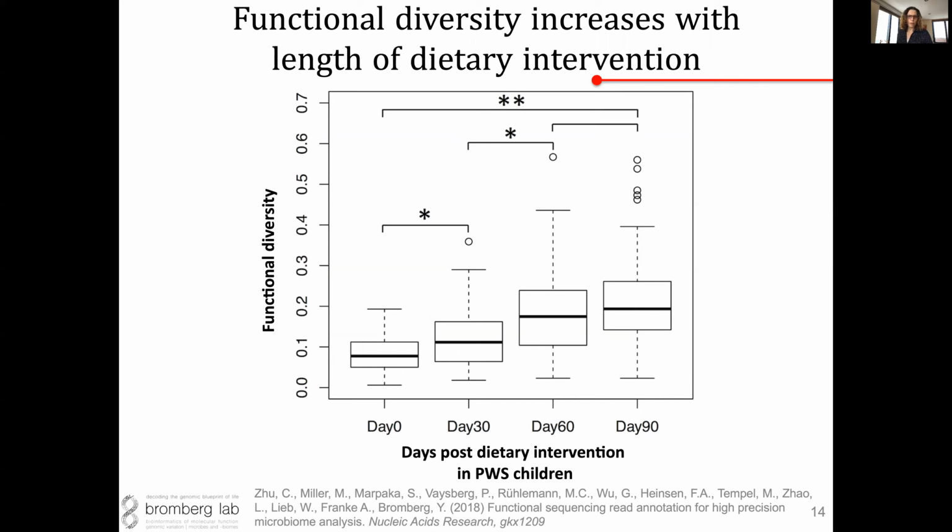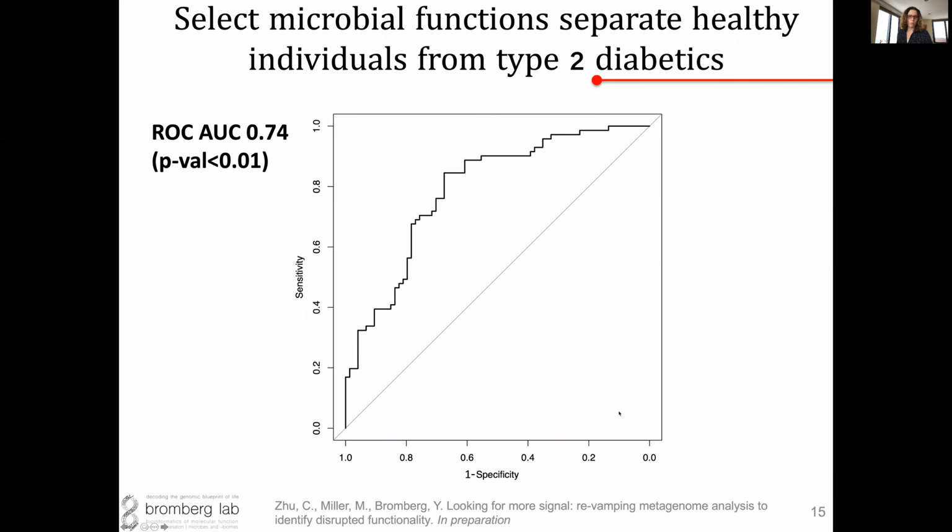So another thing that we could look at is a group of people that have type 2 diabetes versus healthy controls. And we can train a machine learning model to separate the vectors of microbiome functions of the healthy individuals from these sick individuals with a fairly good accuracy of the ROC area under the curve 0.74.